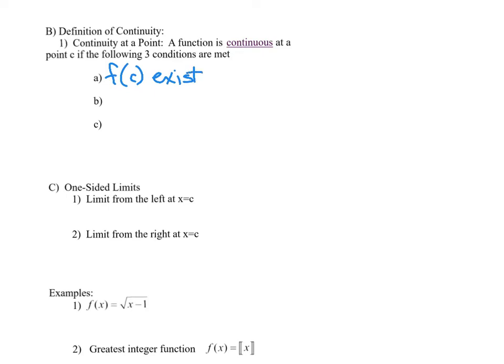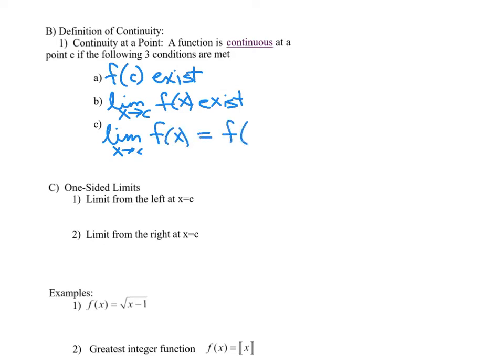The second thing is that the limit as x approaches c of the function must exist. Lastly, if the limit as x approaches c of f of x is equal to the function value at c, then that means that I have continuity at the point x equals c. So the examples that we're going to look at today are all going to be based on this continuity at a point definition.